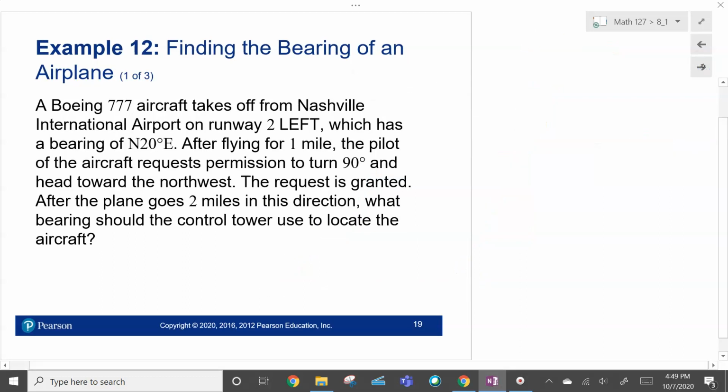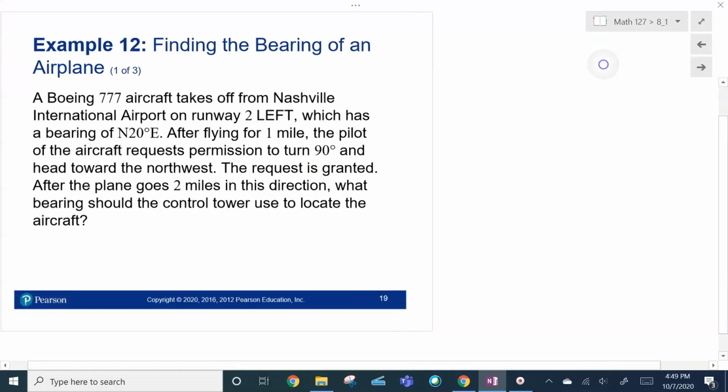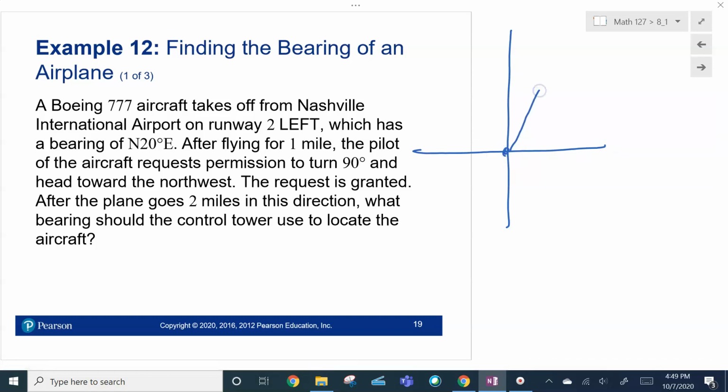All right, so we've got this Boeing 777 aircraft that takes off from Nashville International Airport, which has a bearing of north 20 degrees east. Okay, so let's see if I can draw this. Here's your starting point. North 20 degrees east, and it goes for 1 mile.